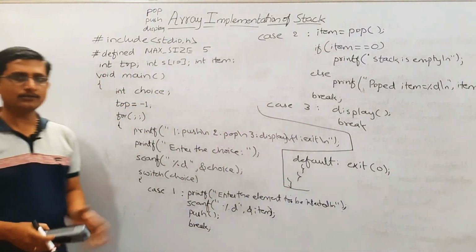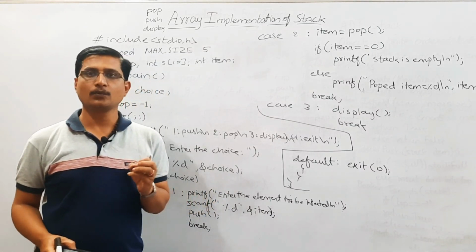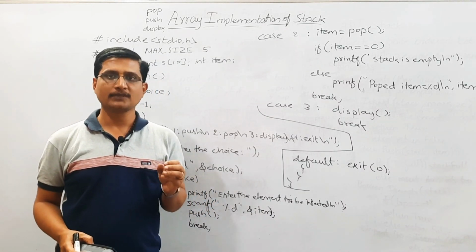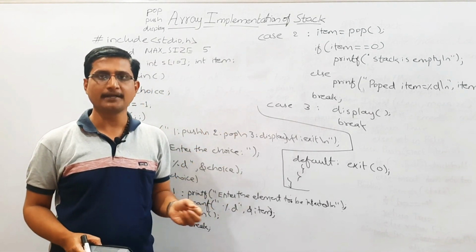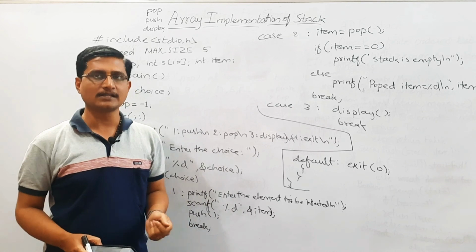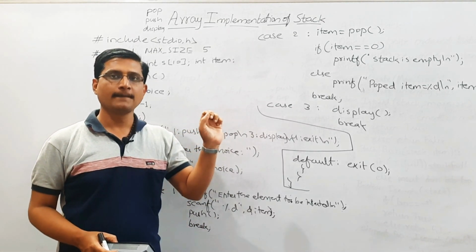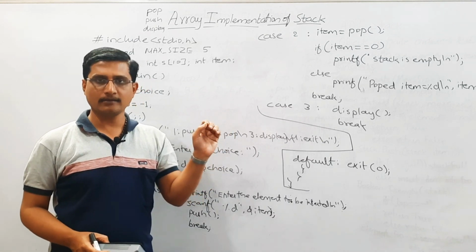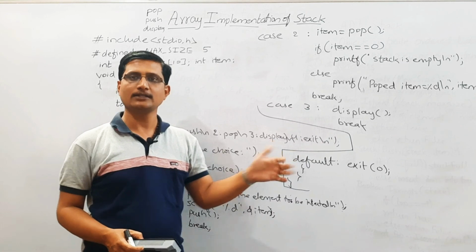So this is simple. So when we are implementing stack as an array, we need to keep in mind that usually it is static implementation. Dynamic implementation is also possible. In simple way this is done, that is the first element of the array is considered as a bottom element, the last element of the array is considered as the top element.